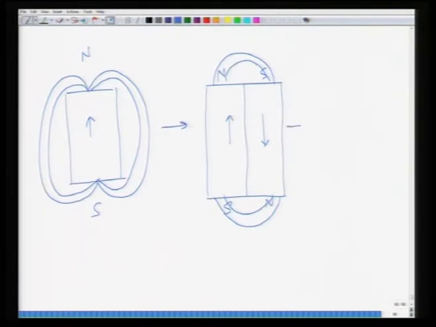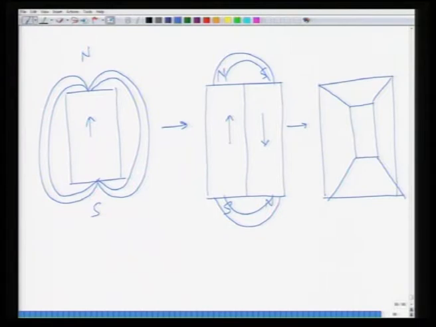I can make this slightly different if I have a situation like this. Let us say this is spin down, this is spin up, and this again would be spin up, and you can have different regions here.